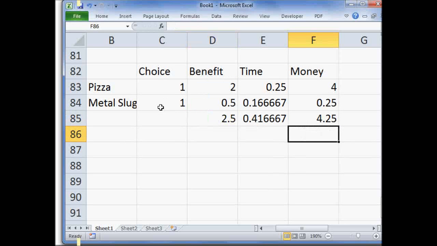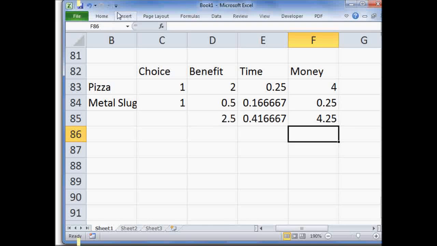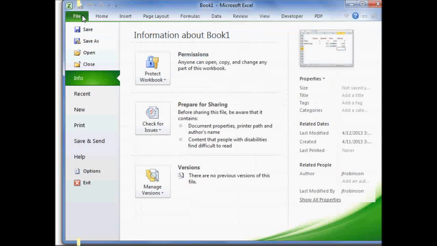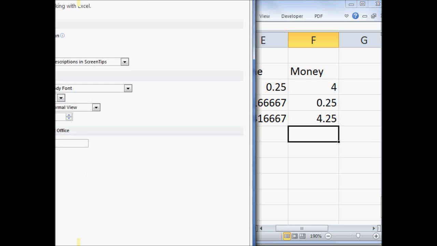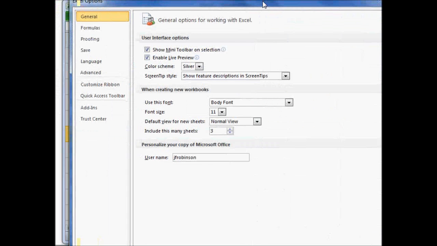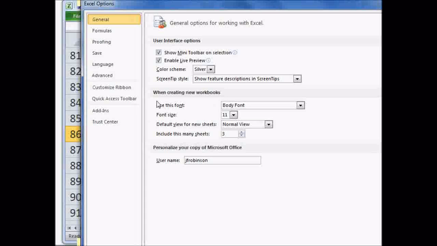So now let's look at how that would look using Solver. To install Solver, you have to go to Excel, File, Options. Can't quite see this very well, but you get this big dialog box, and you go to Add-ins.